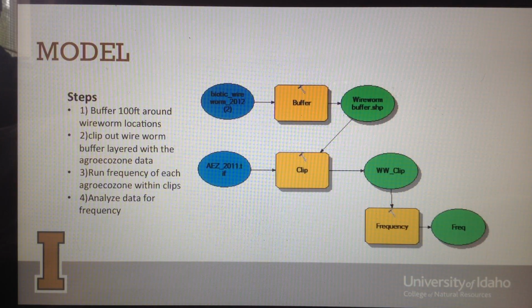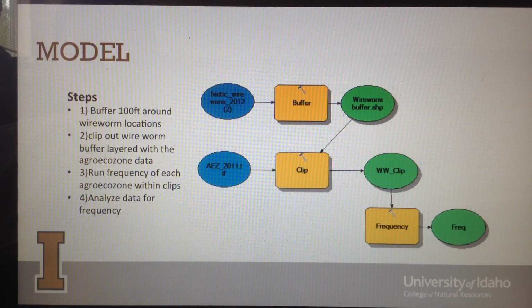And that gave me 100 feet around each wireworm location, and then I used that clip to run the frequency on which agroecozone was more prevalent within those 100 feet parameters around the wireworm samples.